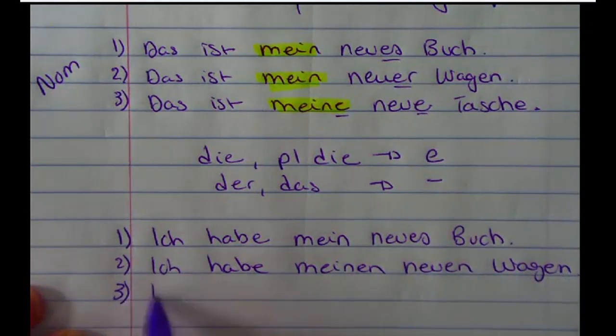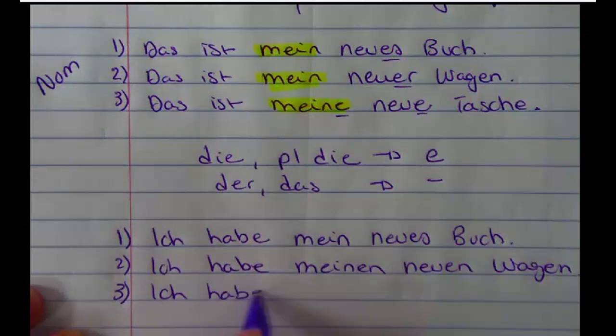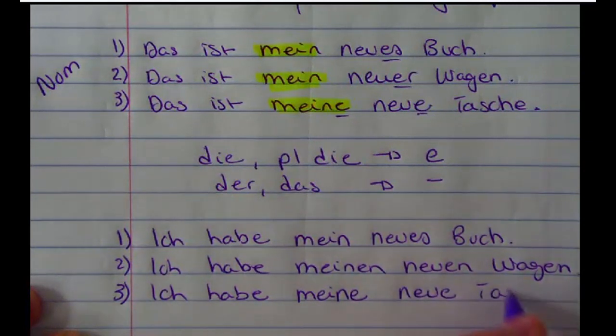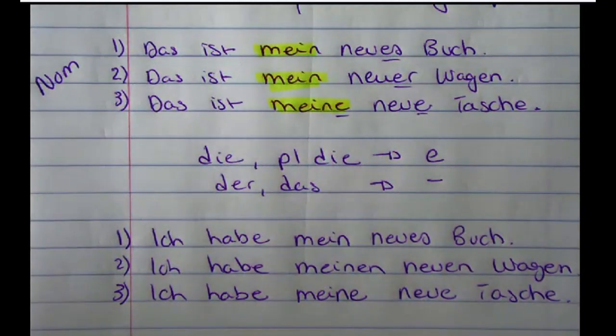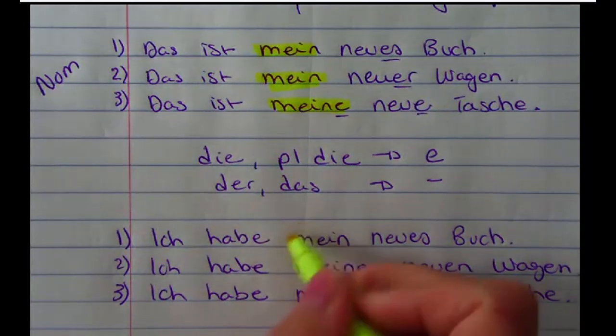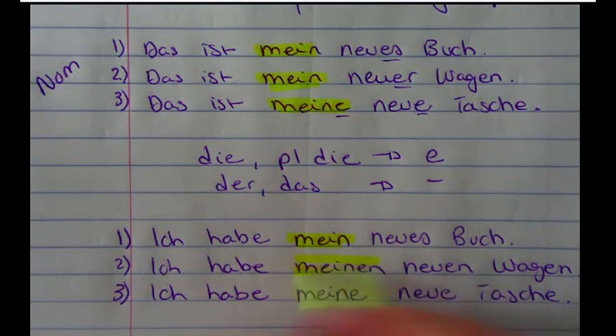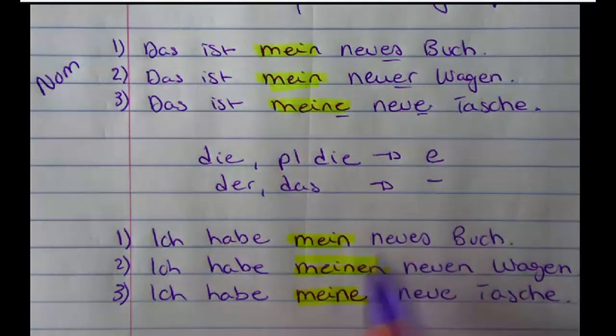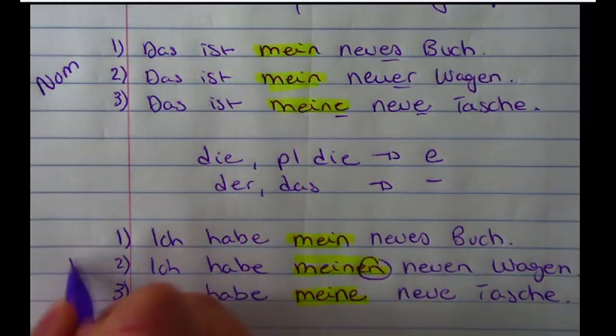And the third sentence, Ich habe meine neue Tasche. So, again, here are your ein words. And the endings are different. We have one ending that changed, and that is the masculine one.